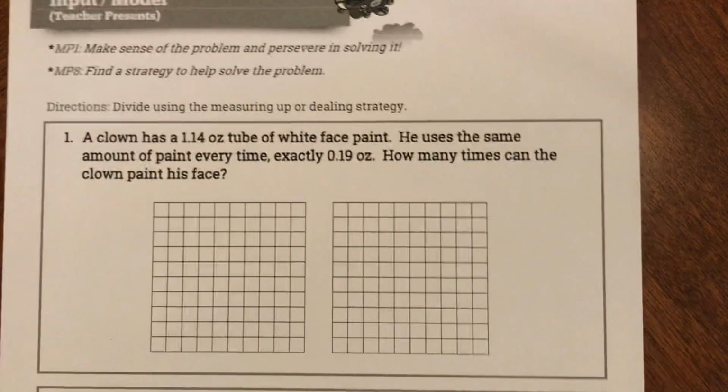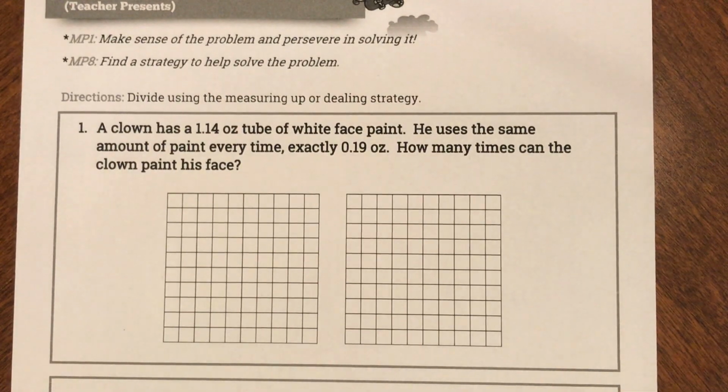And here's my first problem. It says, a clown has 1 14/100 ounce tube of white face paint. He uses the same amount of paint every time, exactly 0.19 ounces. How many times can the clown paint his face?